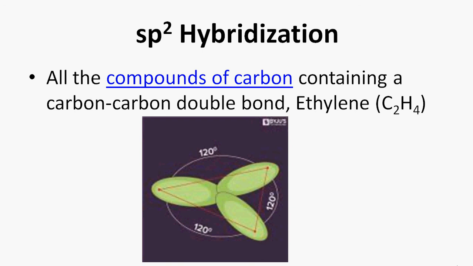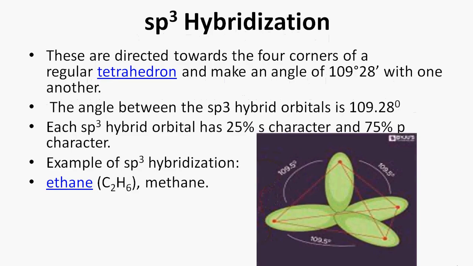Okay, so let's move on to sp3 hybridization. This is formed by intermixing of 4 orbitals, 1 from s and 3 of the p orbitals. They are directed towards the 4 corners of a regular tetrahedron and make an angle of 109 degrees 28 minutes with one another.